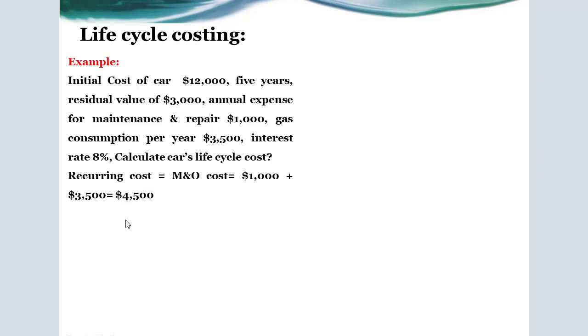So the recurrent cost for every year will be equal to $4,500. And the residual value, as given, is 3,000 at the end of the 5 years, of course.